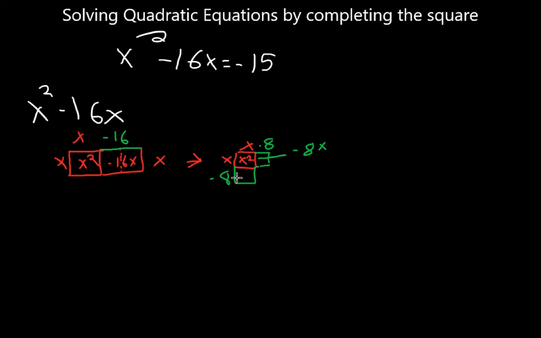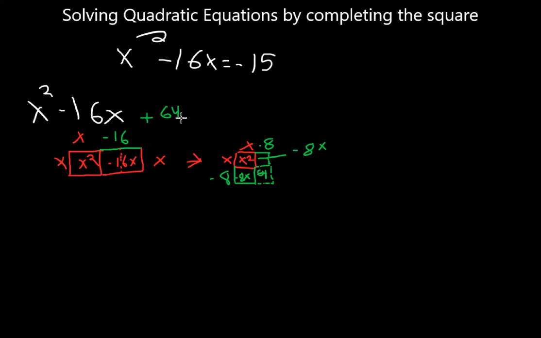So this area will also be negative 8x. And now if we find this missing area here, that'll be the number we need to add to complete the square, which will be negative 8 times negative 8, which is 64. So to complete the square, we would need to add 64.